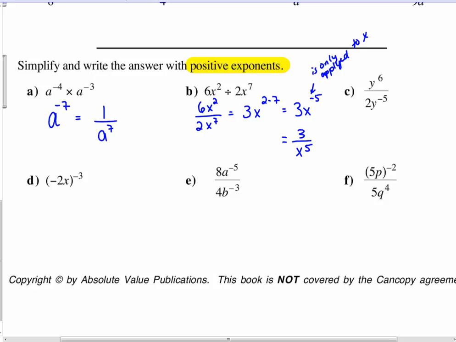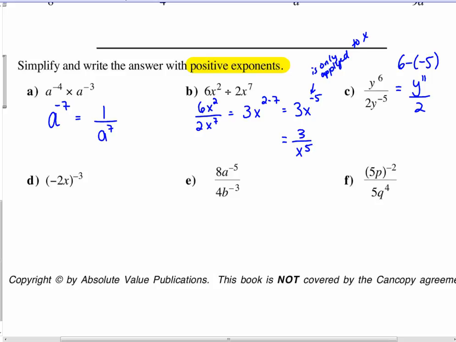So if you subtract the exponent, 6 minus negative 5, it becomes a plus. 6 minus negative 5 is equal to 11. So that 11 is on the numerator. The 2 is still on the denominator, because whenever we're subtracting exponents, that's the new numerator.